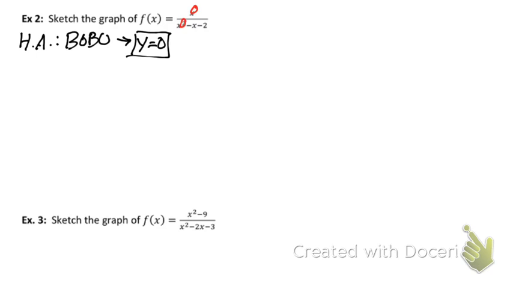All right, vertical asymptote. We are going to have x squared minus x minus 2 equals 0. Once again, if it's not factorable, you have to put in the quadratic formula or something. This one is factorable.